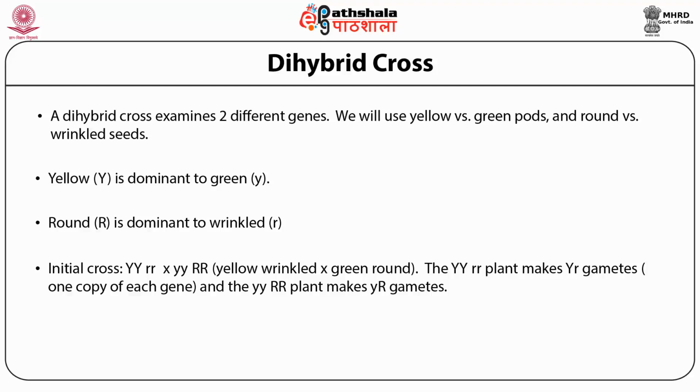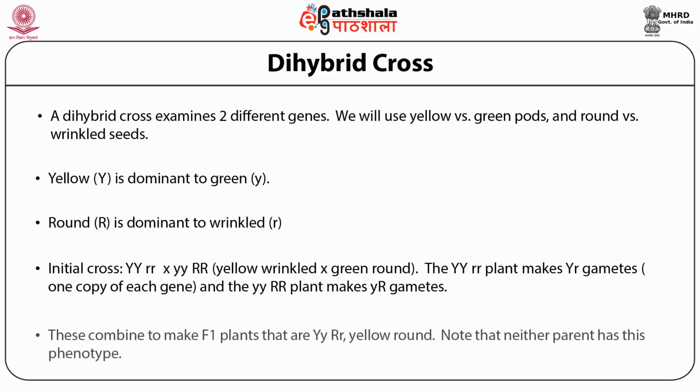The yyRR plant, small yy and capital RR, makes small y, capital R gametes. These combine to make F1 plants that are capital Y, small y, capital R, small r: yellow, round.